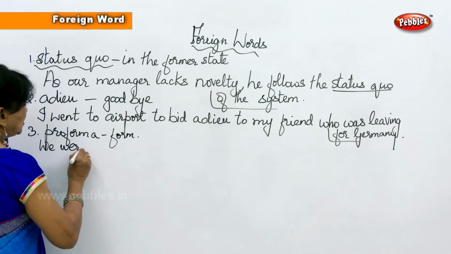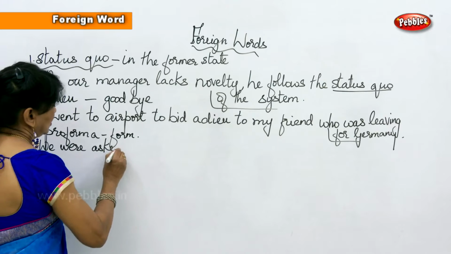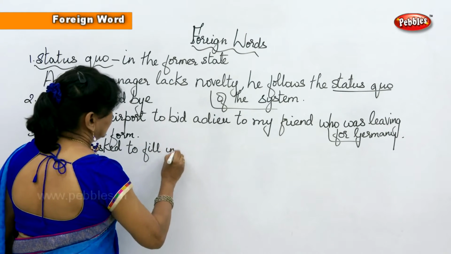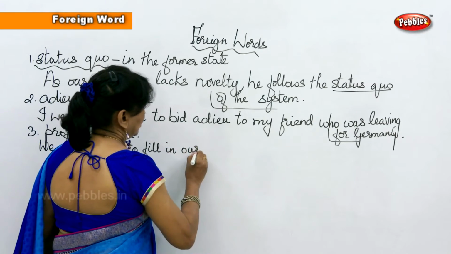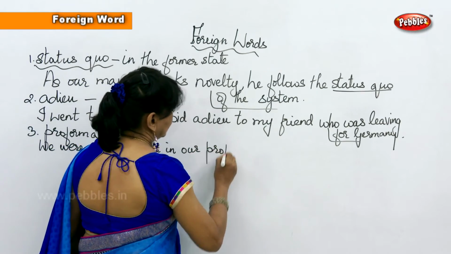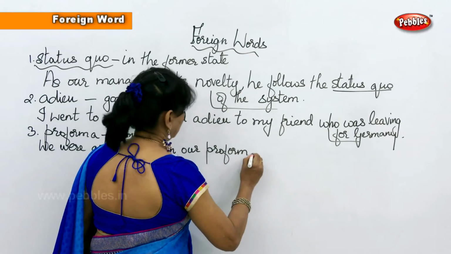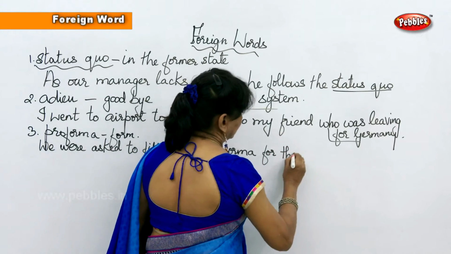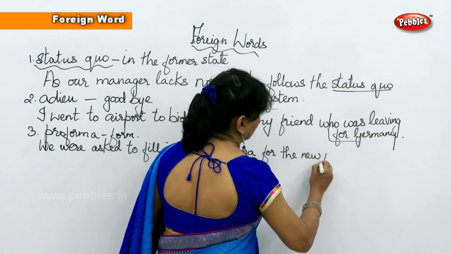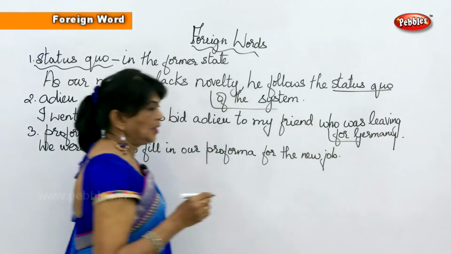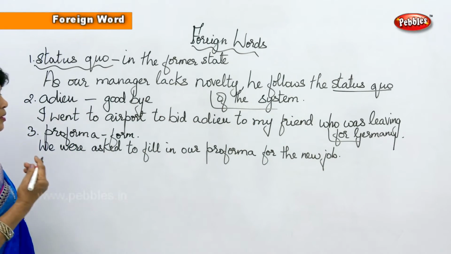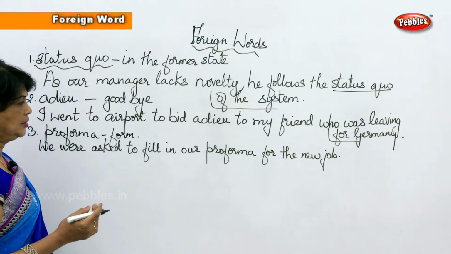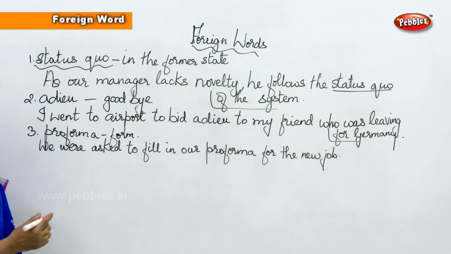We were asked to fill in our pro forma for the new job. So to enter into a new job, you may have to fill in your biodata. So you were asked to fill in your pro forma.